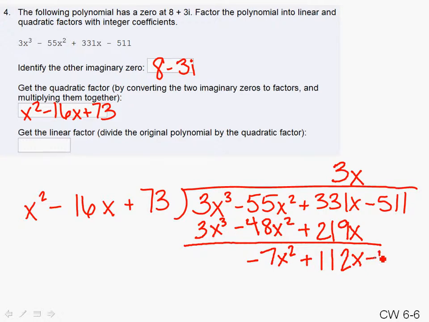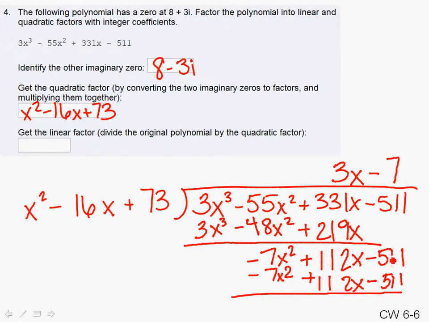Then we bring down 511. Okay, and then we do negative 7 because x squared goes into negative 7x squared negative 7 times. So negative 7 times that, we know negative 7x squared. Negative 7 times negative 16 is 112x, and negative 7 times 73, negative 511. Okay, since we're subtracting the exact same expression, we know the remainder will be 0.